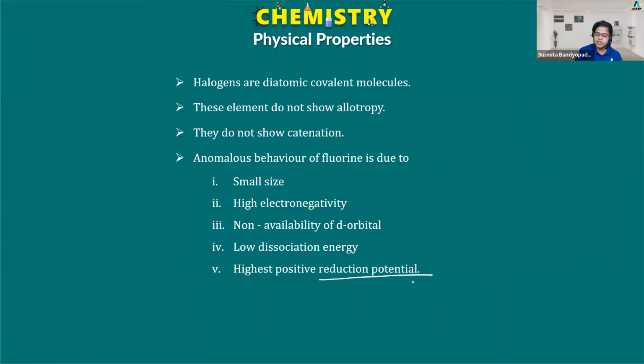In the entire periodic table, the standard reduction potential is maximum for fluorine, and hence fluorine is the strongest oxidizing agent.